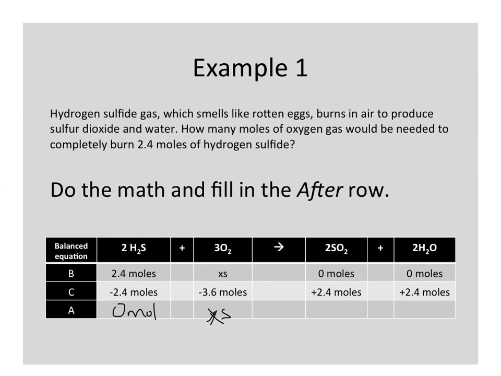Then in the SO2, we had 0, but we made 2.4, so we're at 2.4 moles. And then the same with the water. So basically, you can look at it as 4 separate addition or subtraction problems.